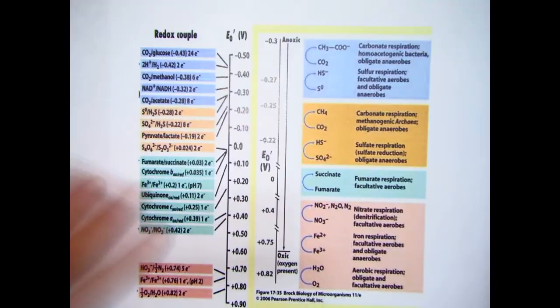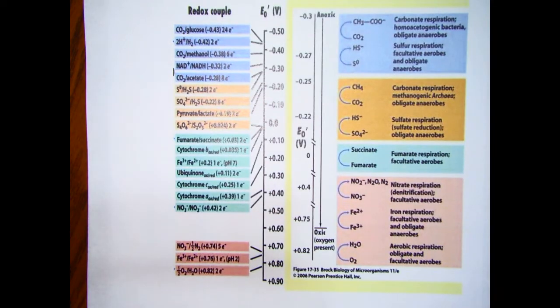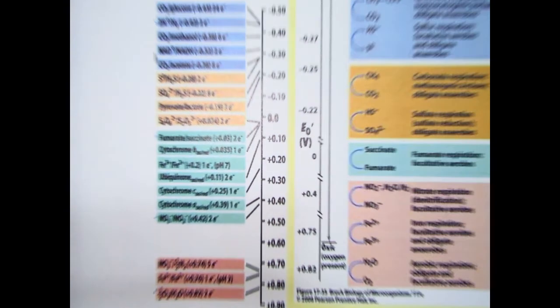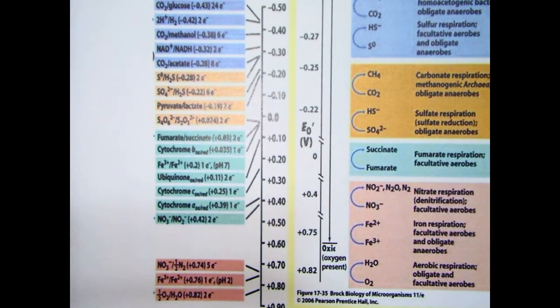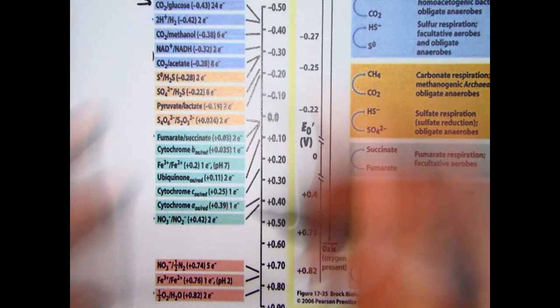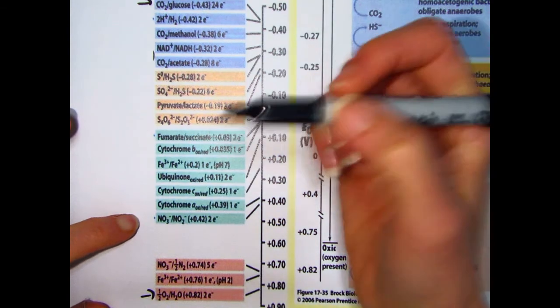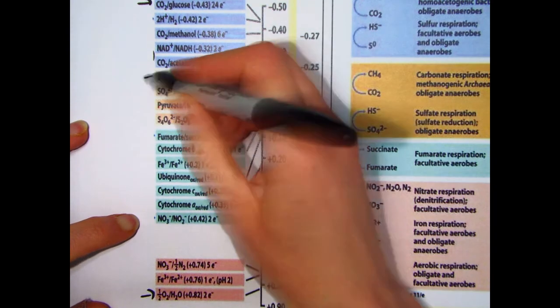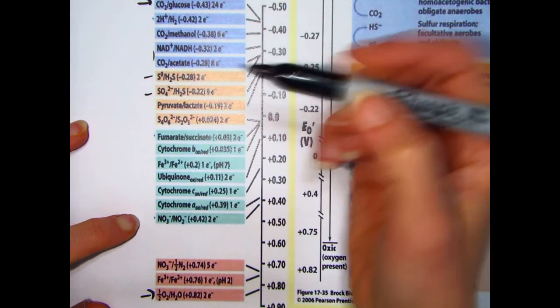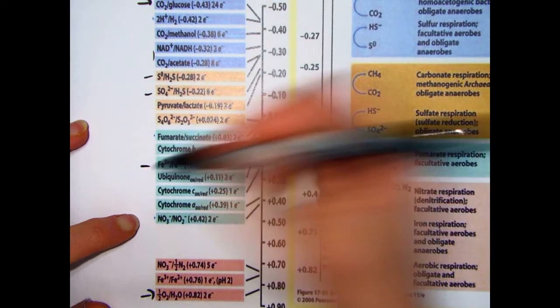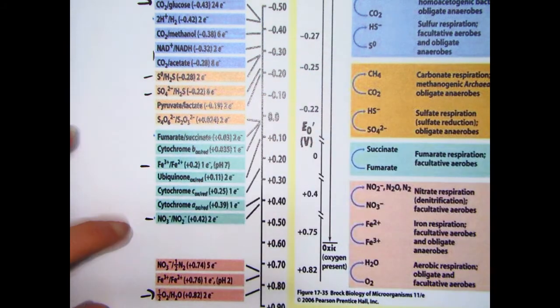All right, so this is going to need to be zoomed in. A slightly different version of the reduction potential chart. Okay, so here is glucose up here, here is oxygen down here. Here is a sulfur thing, here is another sulfur thing. Here is an iron thing, here is nitrate, here is another nitrate thing.